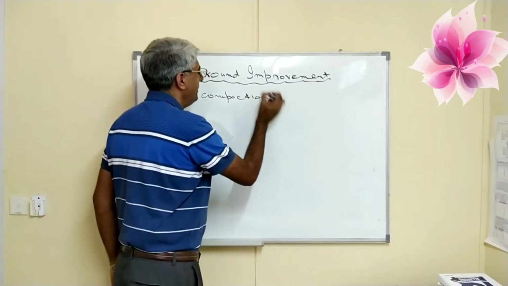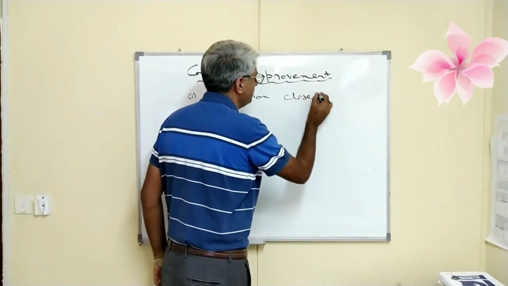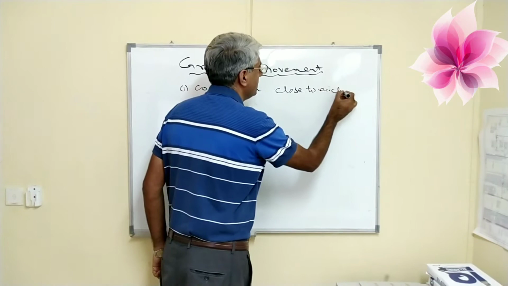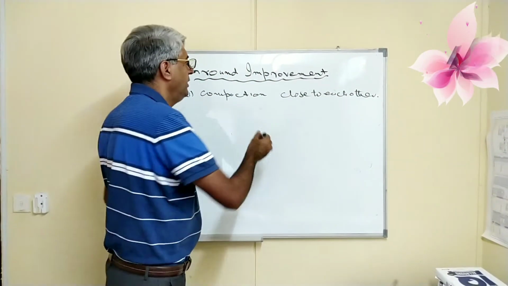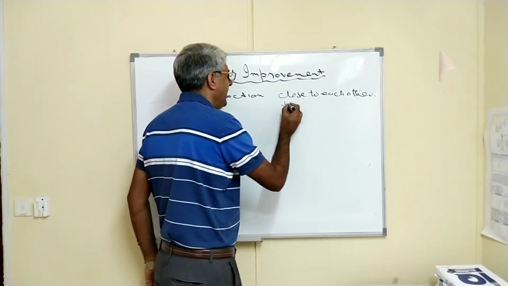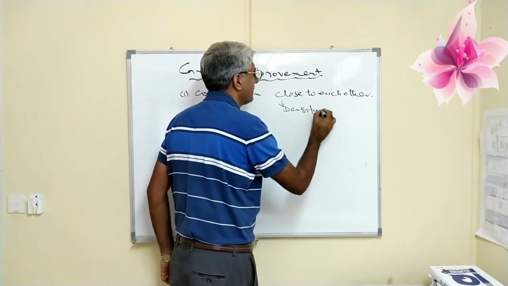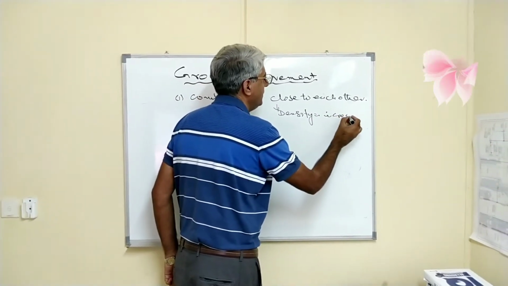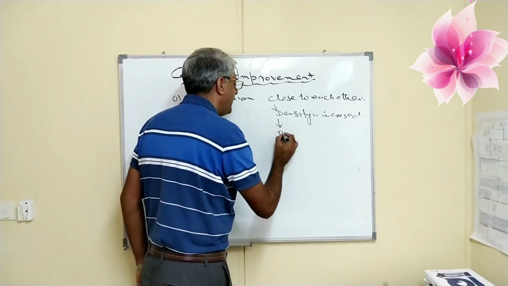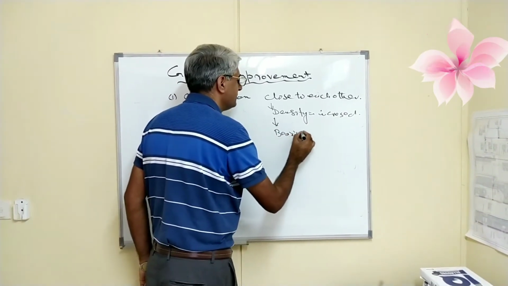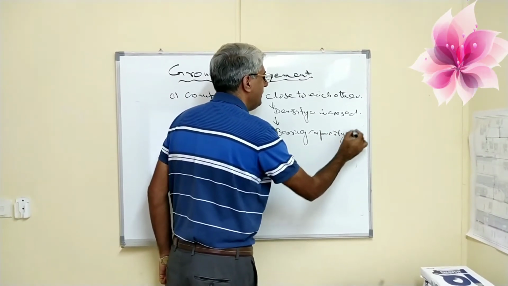When the soil is compacted, the particles come close to each other. When particles are close to each other, due to this, we can say that density is increased. When this density is increased, then we can say that the bearing capacity of the soil is increased.